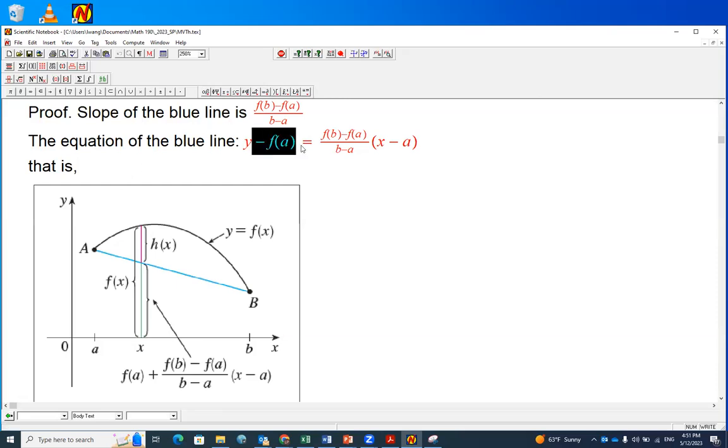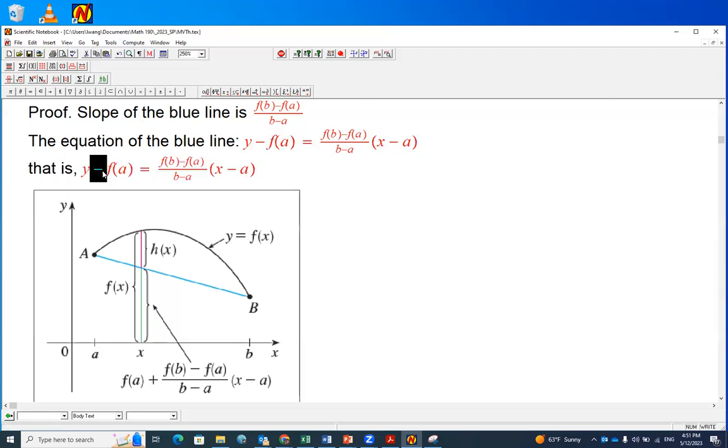If we add f of a on both sides, we will get y equals f of a plus the rest of the parts. So this is the line equation of the blue line.